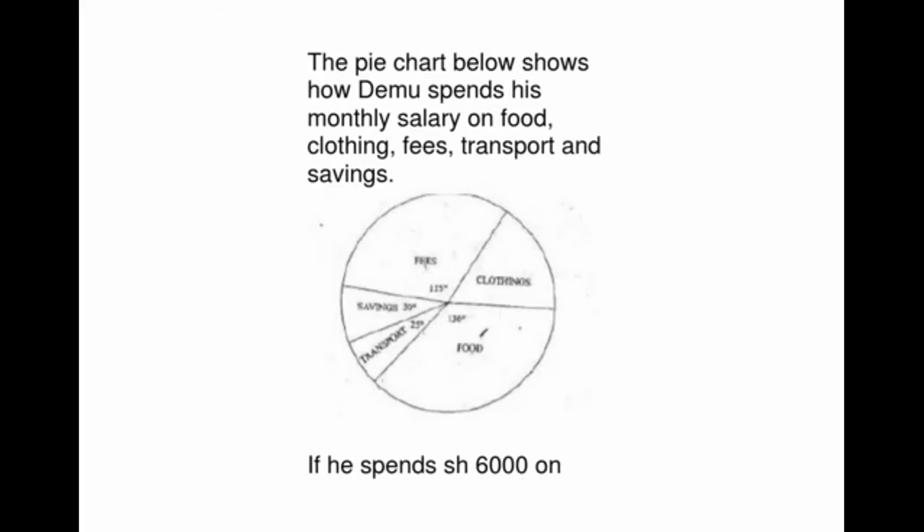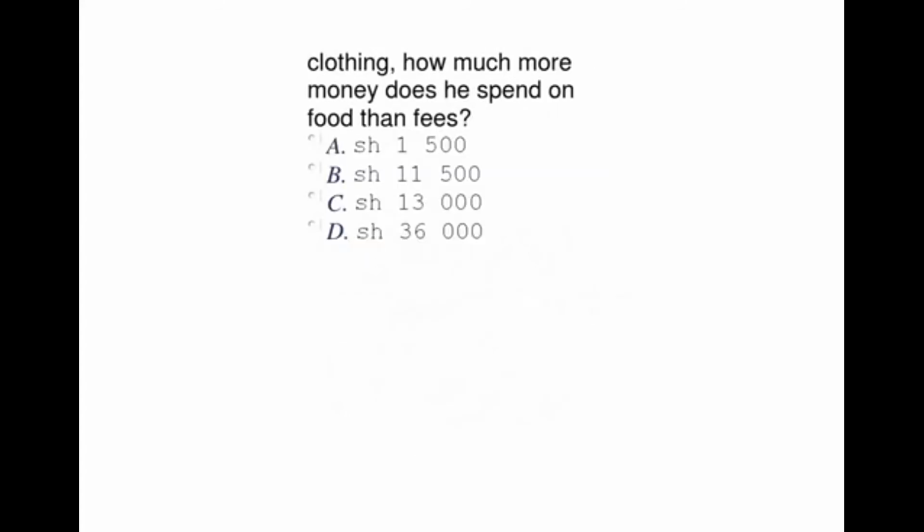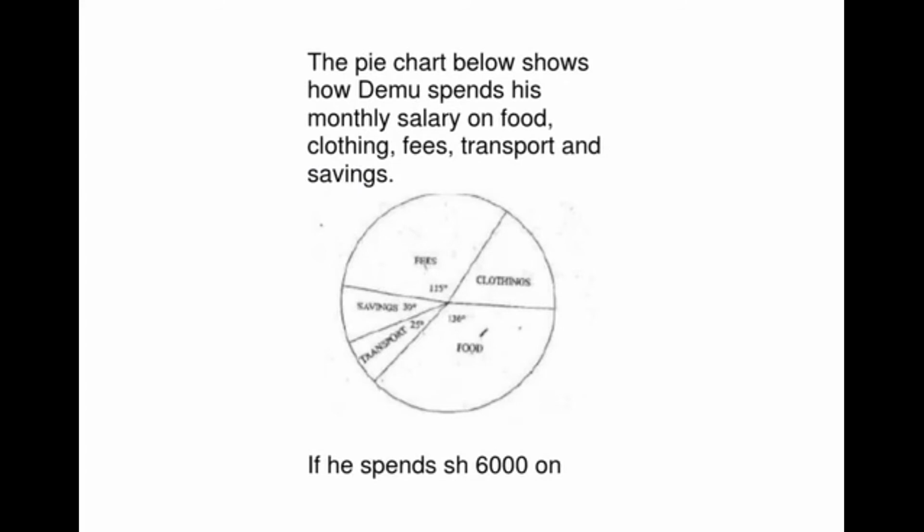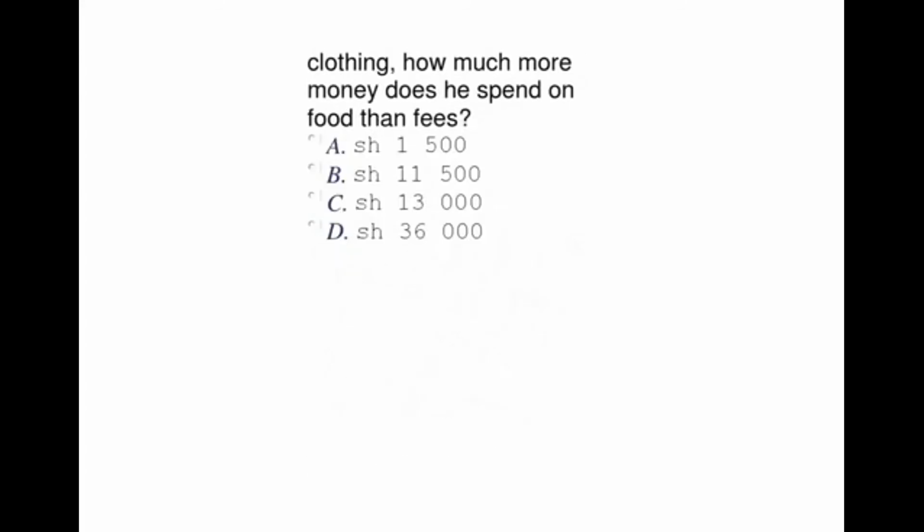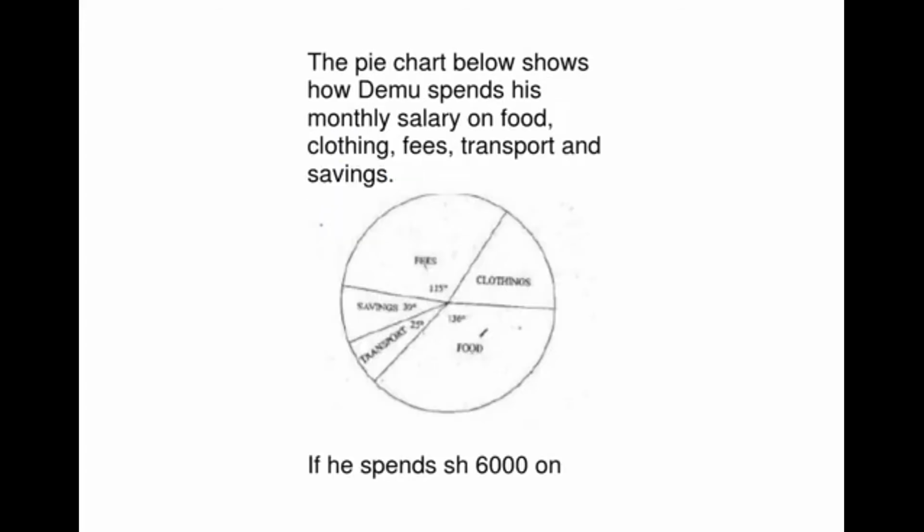A pie chart below shows how Demu spends his monthly salary on food, clothing, fees, transport, and savings. If he spends 6,000 shillings on clothing, how much more money does he spend on food than fees?